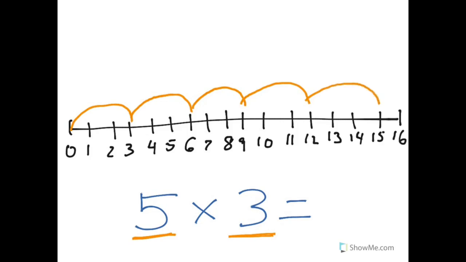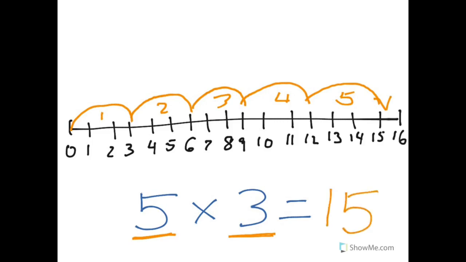Did I jump 5 times? 1, 2, 3, 4, 5. I jumped 5 times. 1, 2, 3 in each group, and I stopped on, looks like 15 was my target, so 5 times 3 is 15.